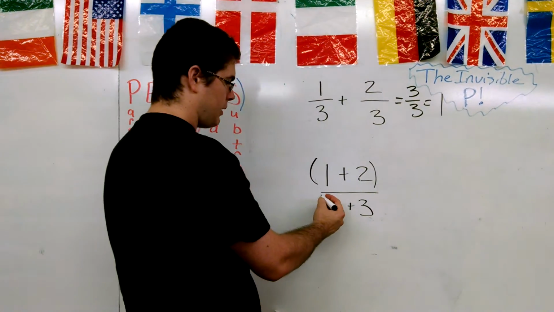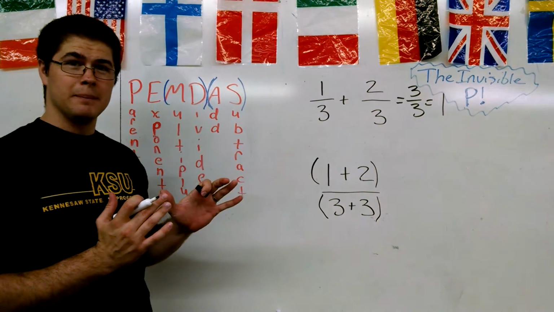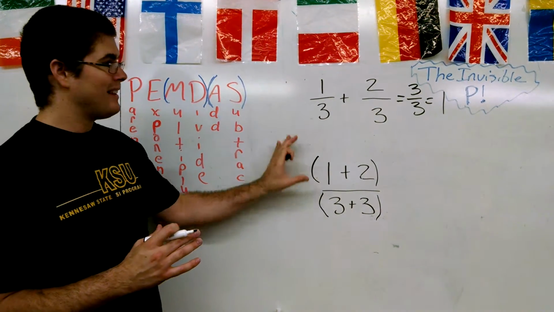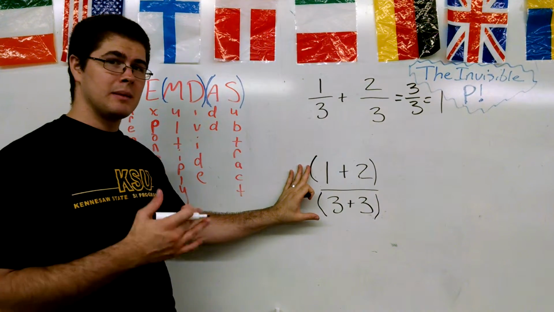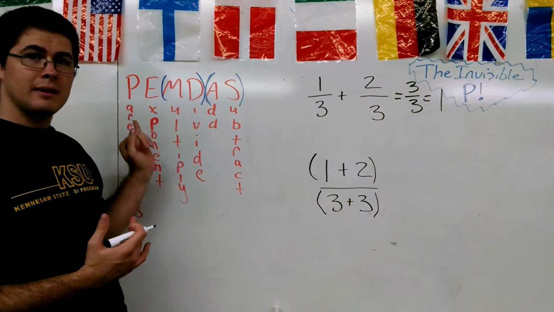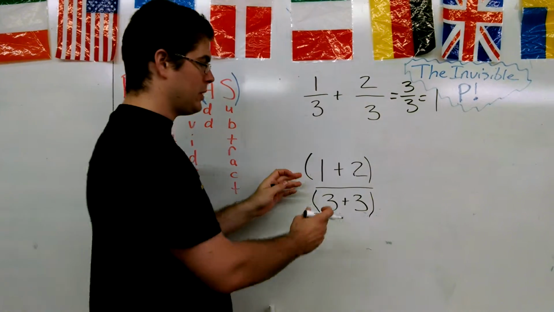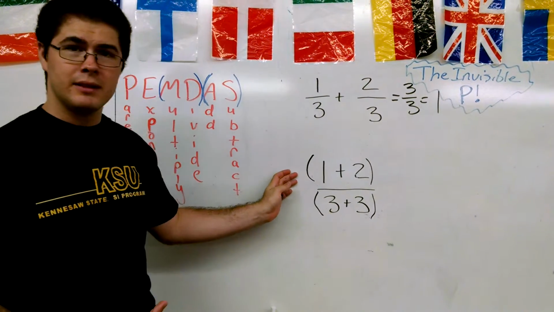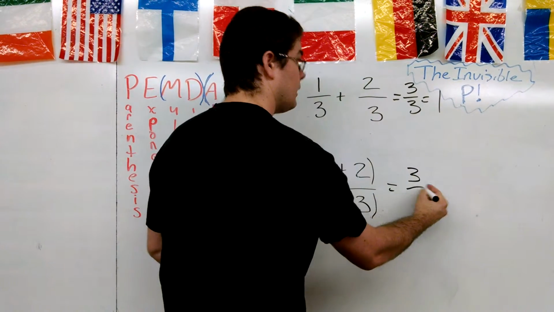And then here, we also have parentheses over everything in the denominator. So this is not the exact same thing as this. Sometimes it'll be written with parentheses, and sometimes it won't. But we need to understand that there's this invisible P, a parentheses that we don't see. And so what we would do here, remember we have to do what's in parentheses first. So 1 plus 2 is 3.